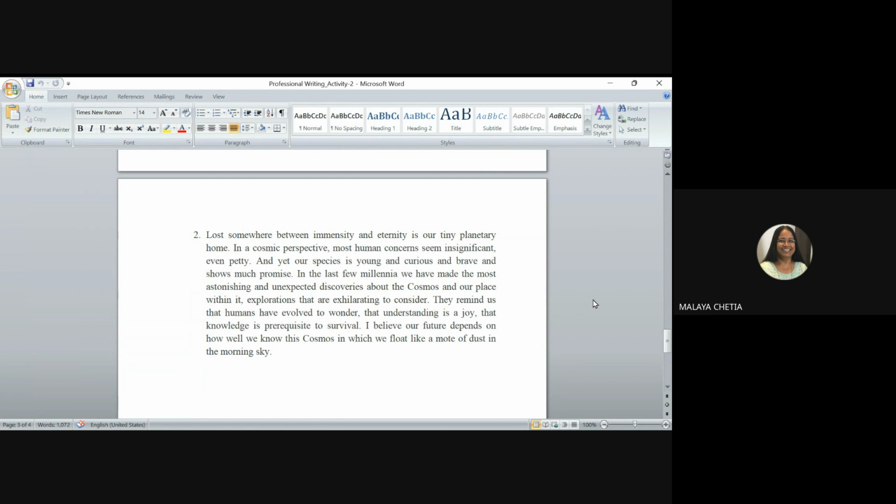Cosmos, ma'am, the word cosmos, correct. Cosmos is one thing that keeps repeating. What is cosmos? Is it different from universe? And human development is a sub part of this paragraph.